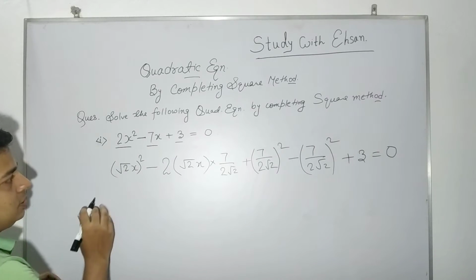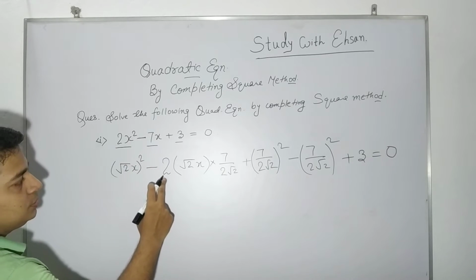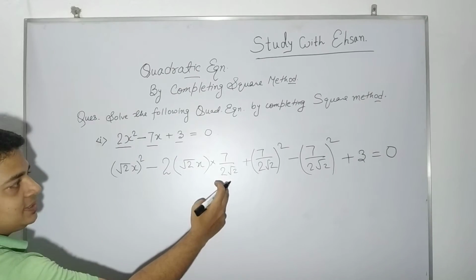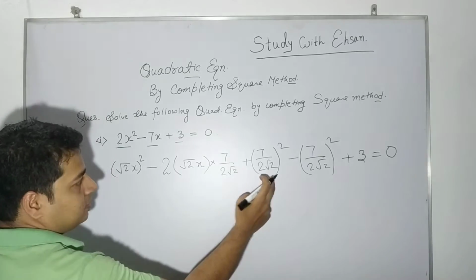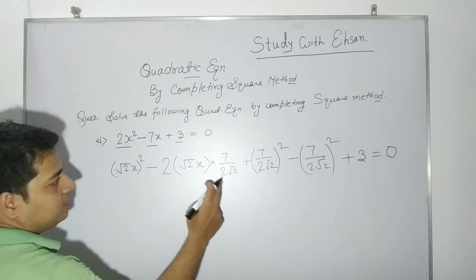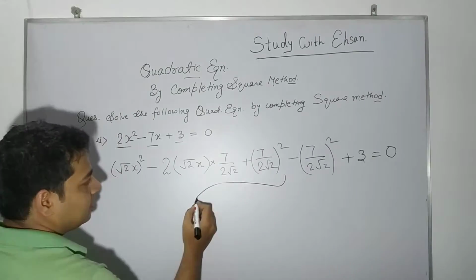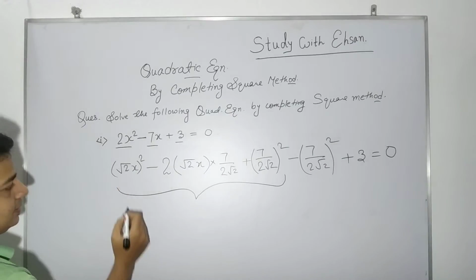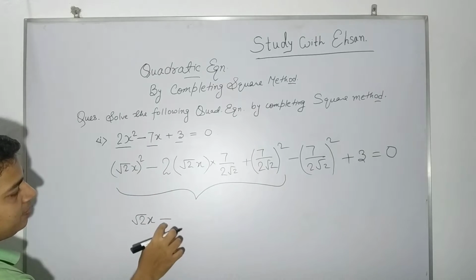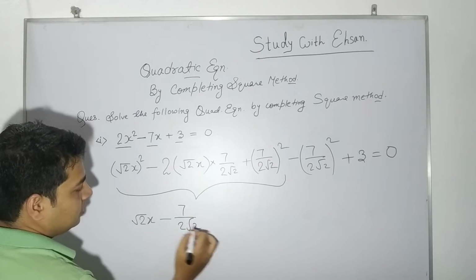Now root 2x, see, this is on the pattern a square minus 2ab, where in the place of b, 7 upon 2 root 2 is there, plus b square. A square minus 2ab plus b square. Then up to here, what can we write? A minus b whole square.